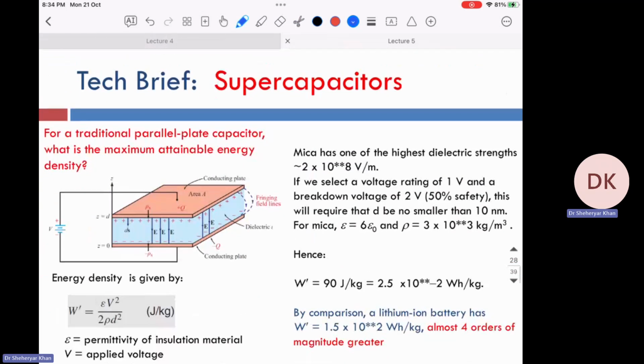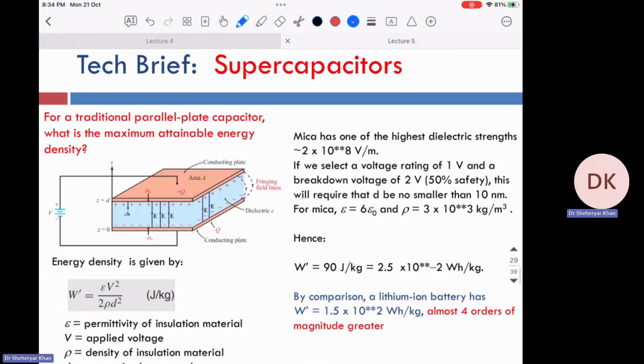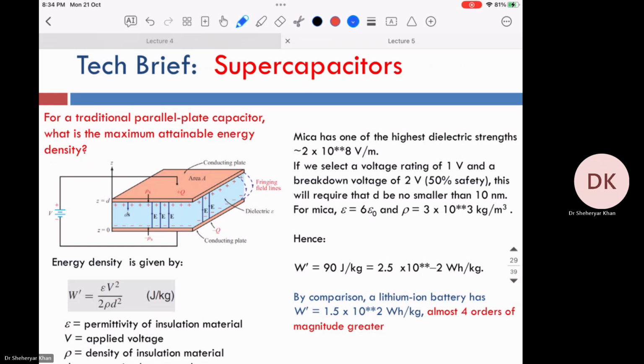Okay, now we have more content regarding the capacitor. I want to show you that capacitors and batteries both serve a somewhat similar purpose, but not the same. For example, batteries are used to store energy, right?